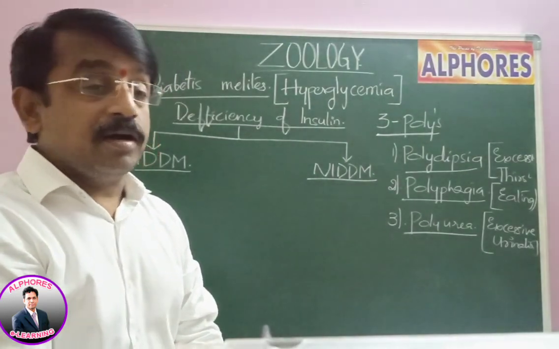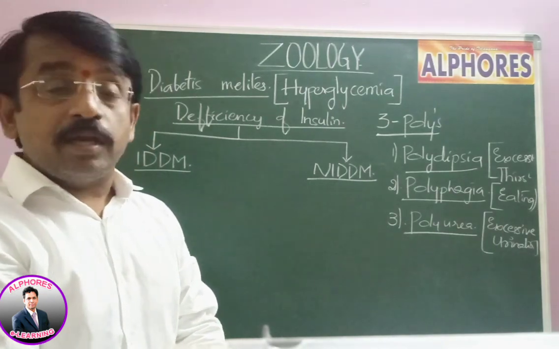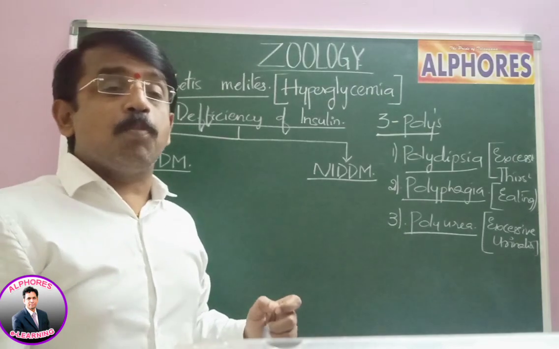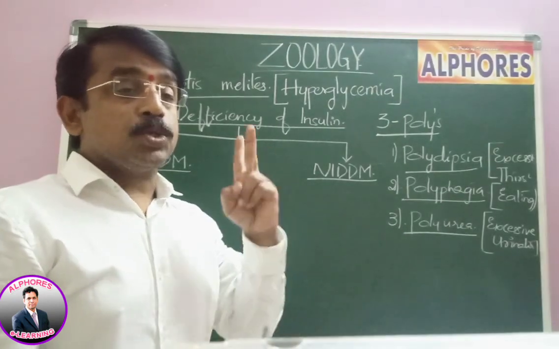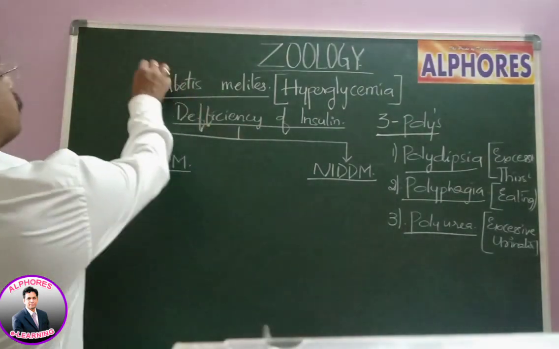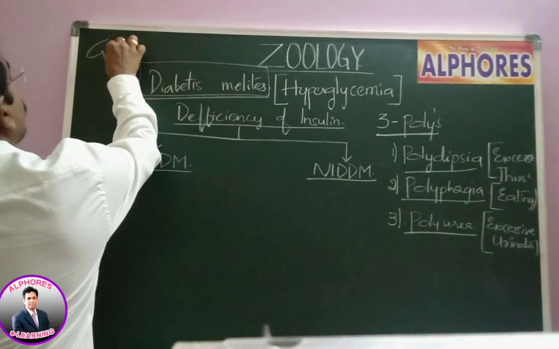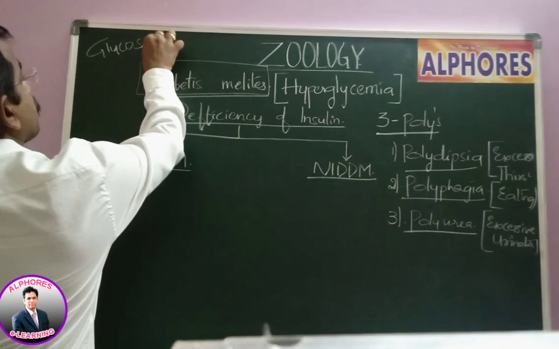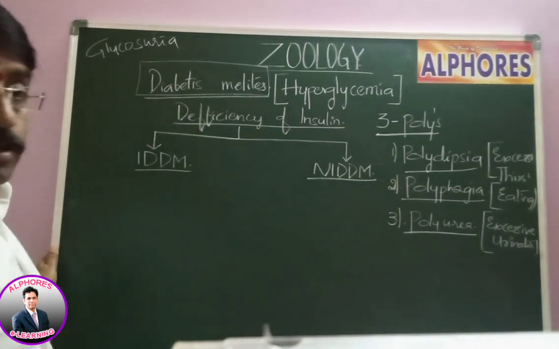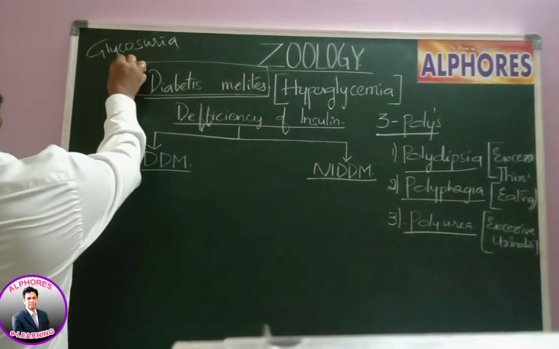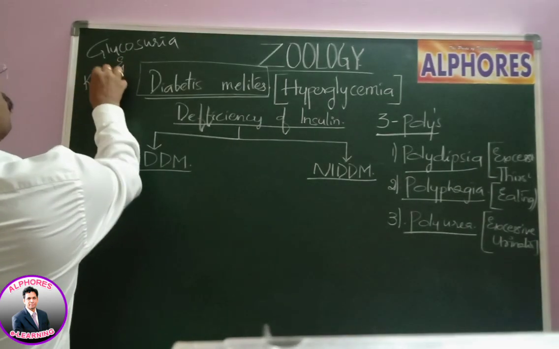Fat degradation results in the accumulation of ketone bodies. There are two indicatives in diabetes mellitus. One, glycosuria, which we learned earlier. Under the excretory disorders, we discussed glycosuria and ketonuria.